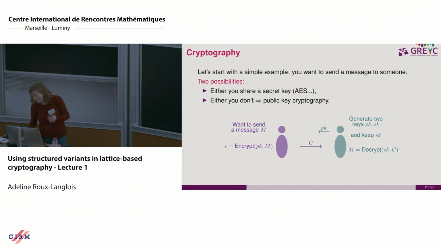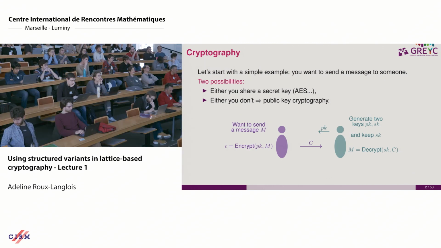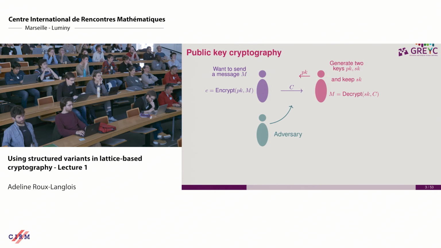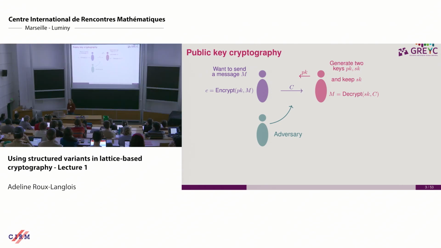We have known about public key cryptography for a long time, but how do we build it? You want it to be secure, and to be secure, you need to consider what an adversary will do. An adversary will try to learn something about your message, given C, your ciphertext. How do we make sure the adversary cannot learn anything?